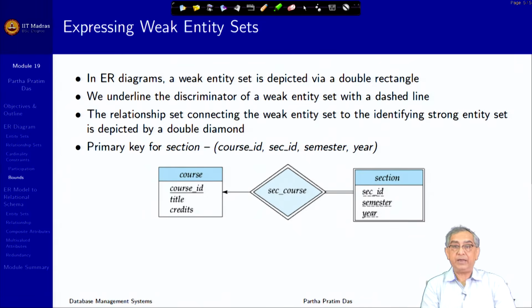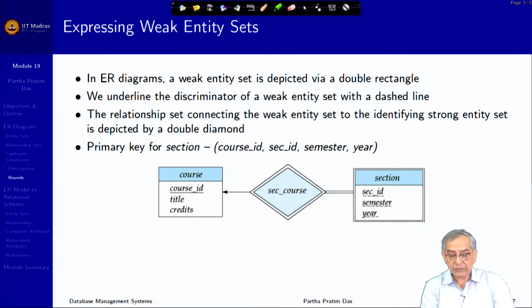To represent that, the diamond of this particular relationship is also drawn with double lines. You see, this is diagrammatic language, every way of drawing will mean something or the other.